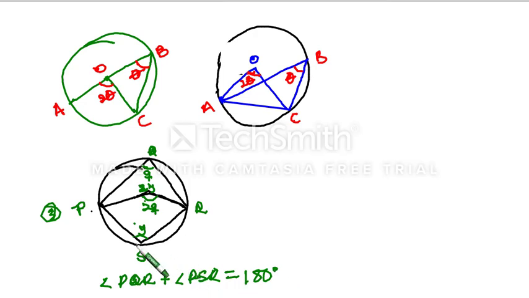This means that opposite angles of a cyclic quadrilateral will sum up to 180 degrees. So we have the angle created at Y and the angle created at Q. They must touch the circumference. They will sum up to 180 degrees.